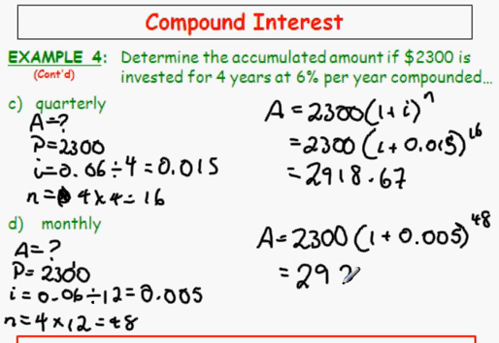So $2,922.13. So you can see that every time we increase how often the interest is compounded, the more money we make. And that also means that if you're paying back a loan, the more it's compounded, the more interest you're going to be paying.